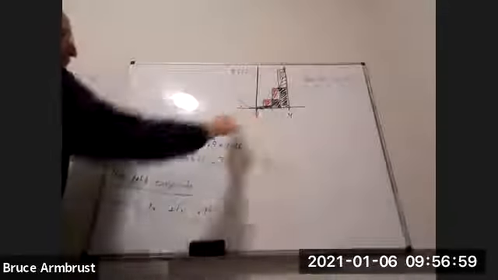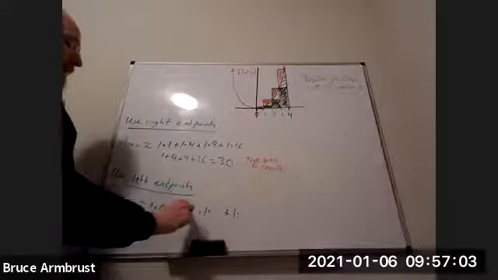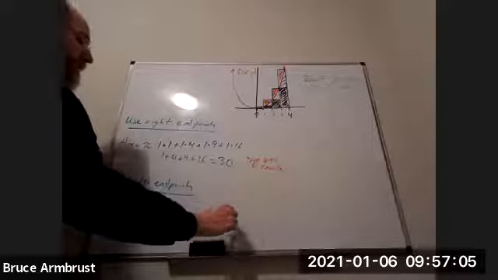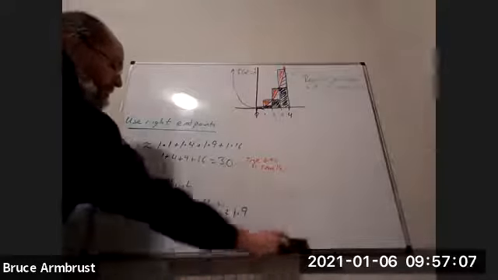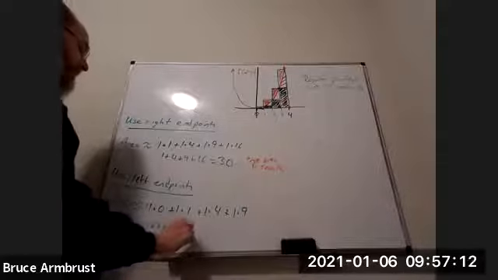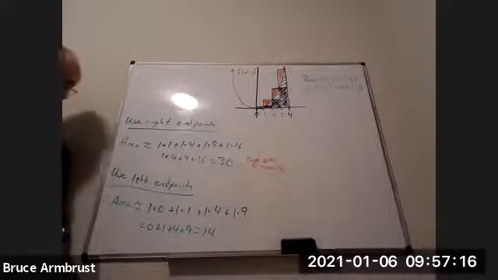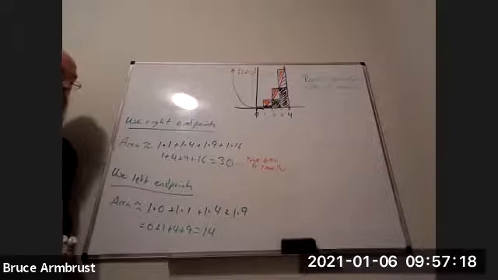The height of the first one is actually 0 squared, or 0. The second one is 1 squared, then 2 squared, and then 3 squared. So this gives us 0 plus 1 plus 4 plus 9, which is 14.